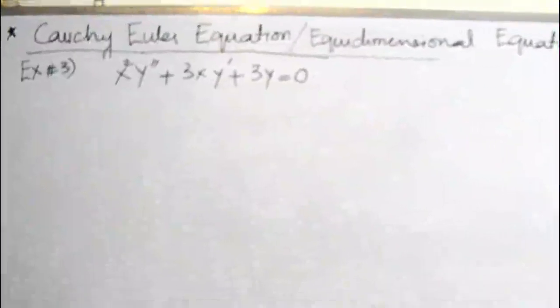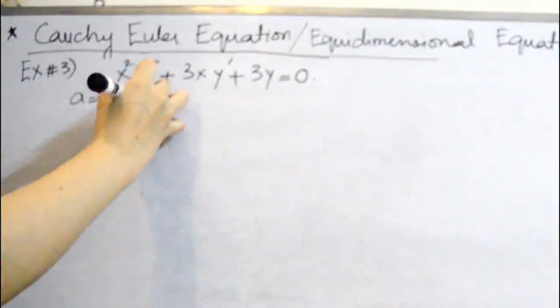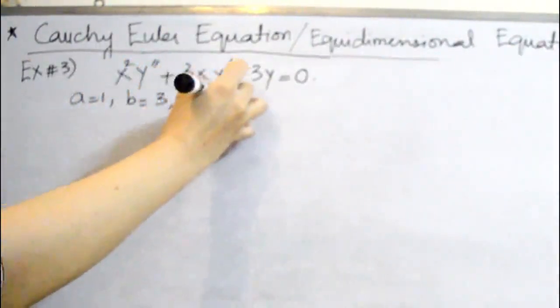So here is example number 3: x square y double dash plus 3x y dash plus 3y equals 0. You can construct it with the substitution y equals x to the power m, but here I am doing the auxiliary equation directly by selecting a as 1, b as 3, and c as 3.